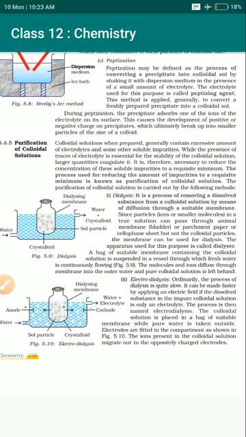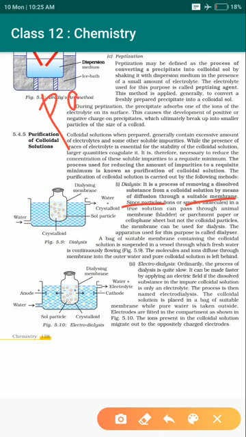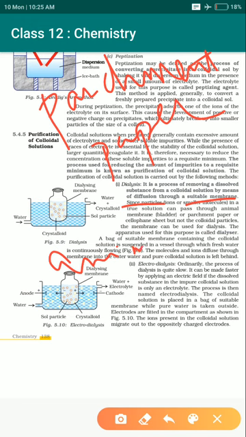The suitable membrane can be a parchment paper, or an animal membrane, an animal bladder, which we can see. They can be used in a natural or artificial way.